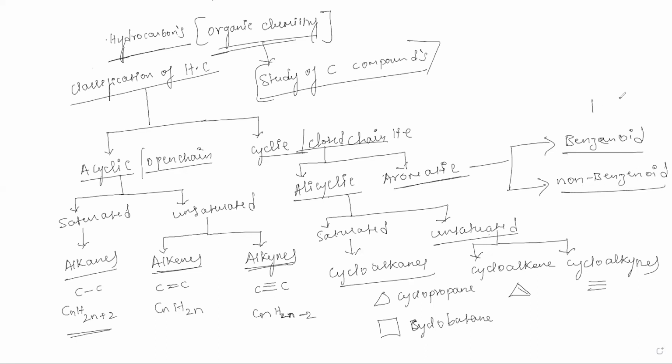The best example of benzenoid is benzene. For non-benzenoid, tropolone is an example. So this is the classification of hydrocarbons.